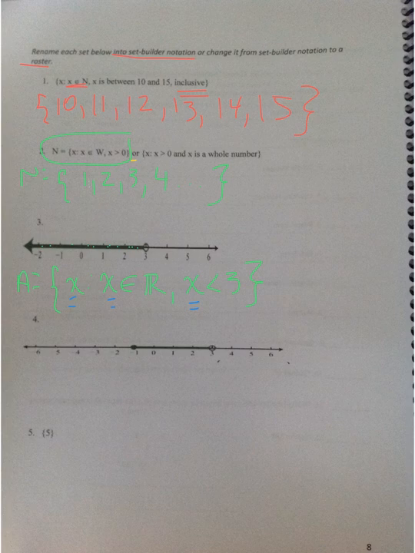Now it looks like we have more real numbers, but it looks like there's a limit to what we have. I'm going to call this set B, and then it's x such that x is an element of reals, but it's a finite set, so I have to do something a little bit different.